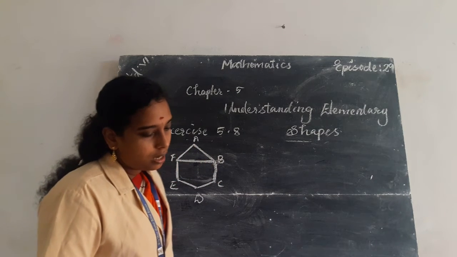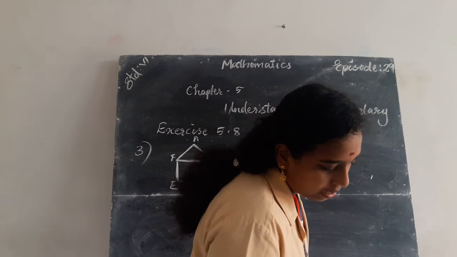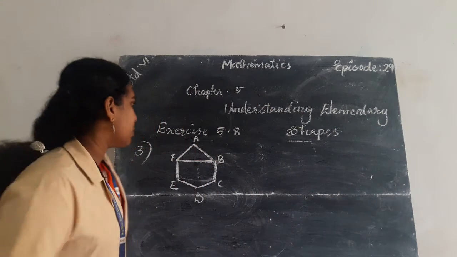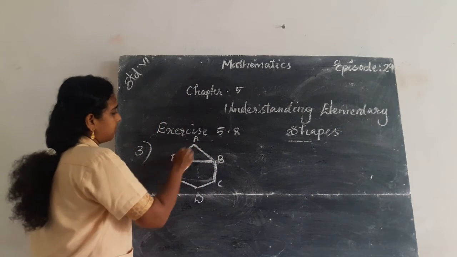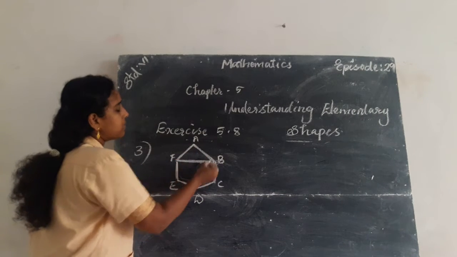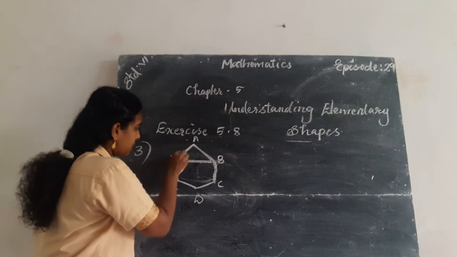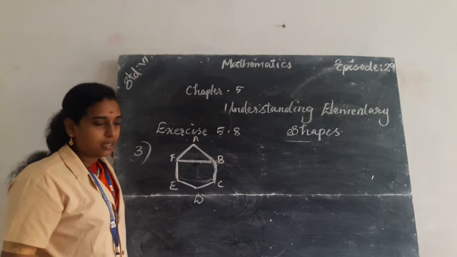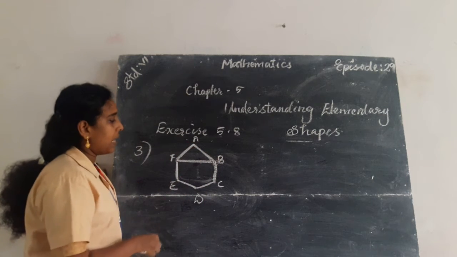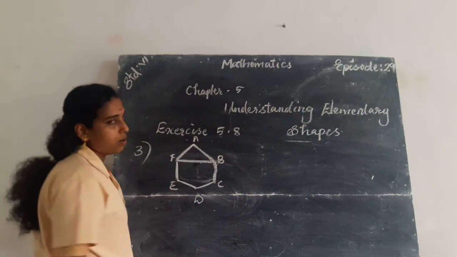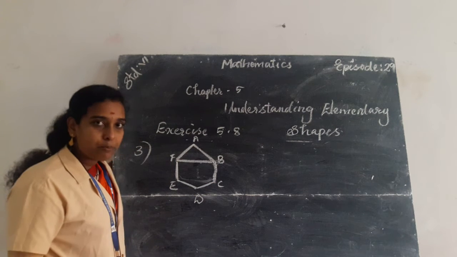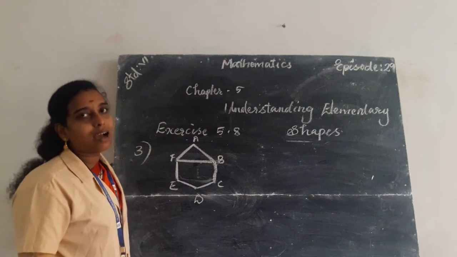Then the question is, identify the type of triangle. We get the triangle like this. Which type of triangle is this? Here, these 2 sides are equal in length and the third side is different. So it is a type of isosceles triangle.